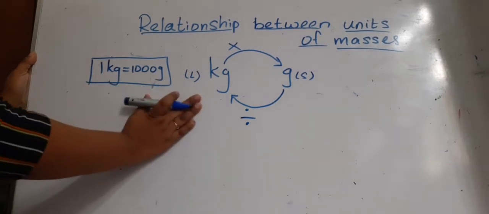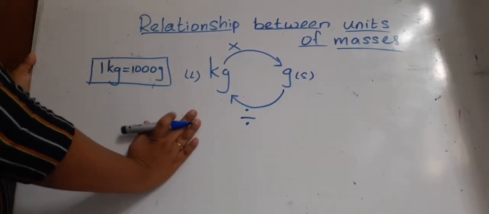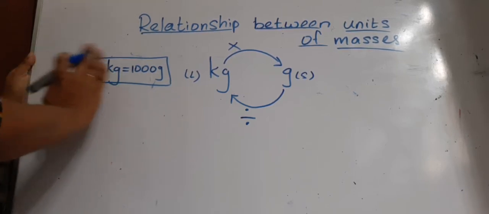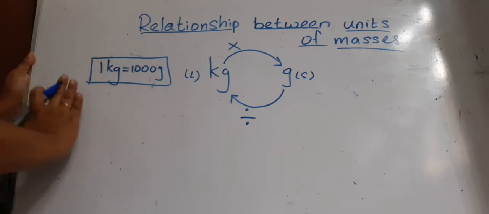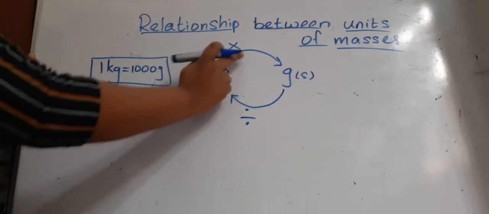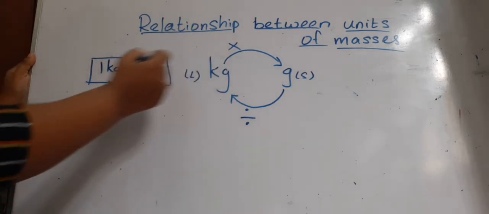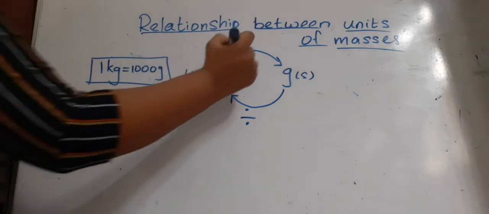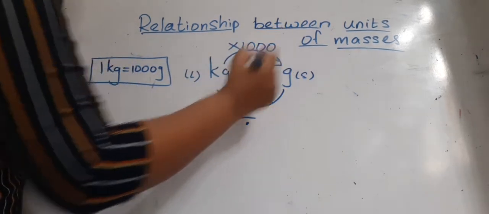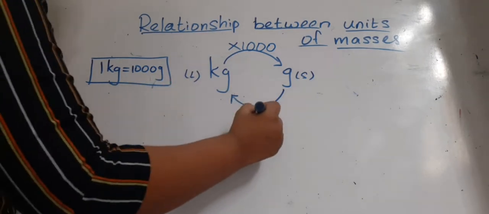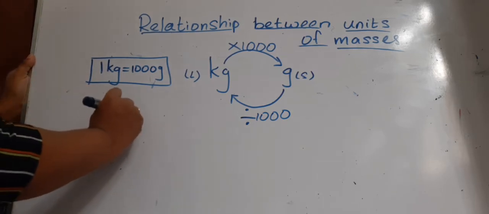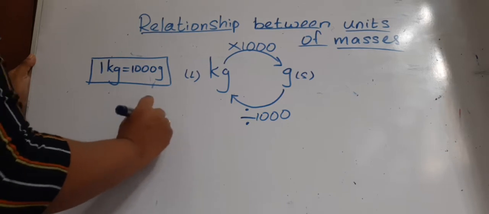This will help you in all conversions of units, not only in mass but also in liquid measurements and all the other related lessons. Here, the relationship between kilograms and grams is 1000, so you multiply by 1000 here and divide by 1000 here. That's it, it's very simple. For example, let's say how much is 2 kilograms in grams.